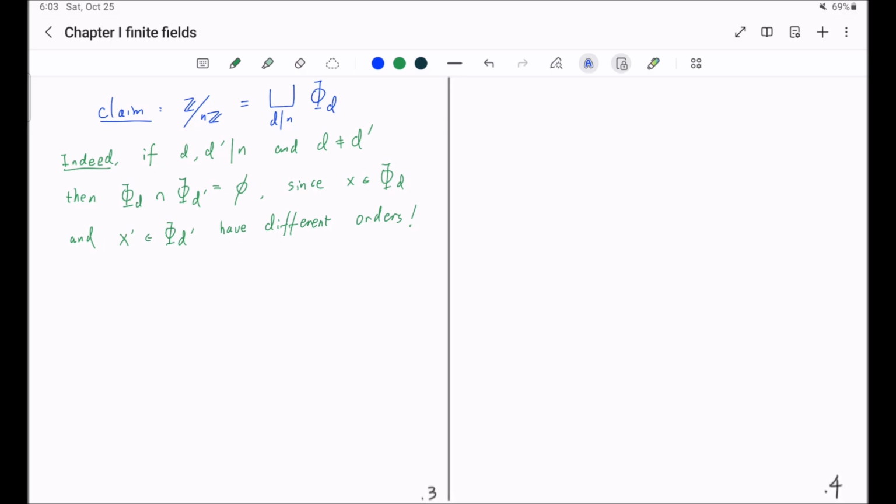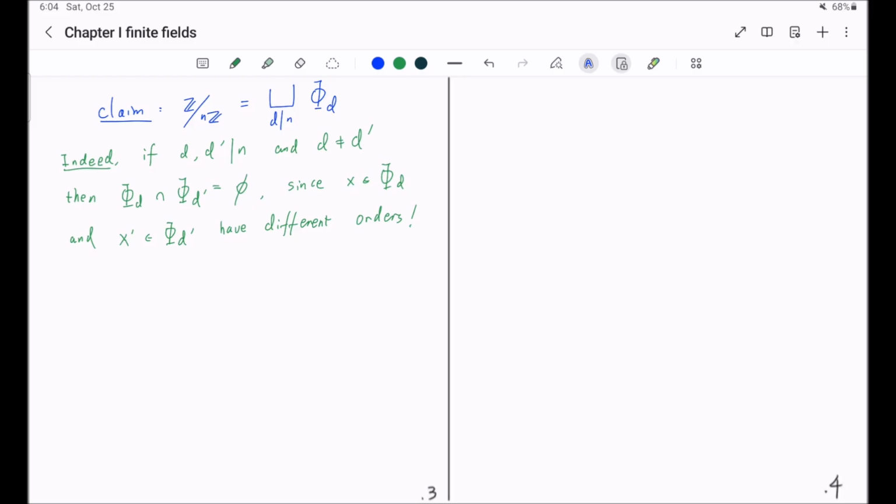Because they are both generators, with X being a generator of a cyclic subgroup of order d, and X prime being a generator of a cyclic subgroup of order d prime, and d and d prime are not equal. So the order of X, which is d, and the order of X prime, which is d prime, are also not equal.